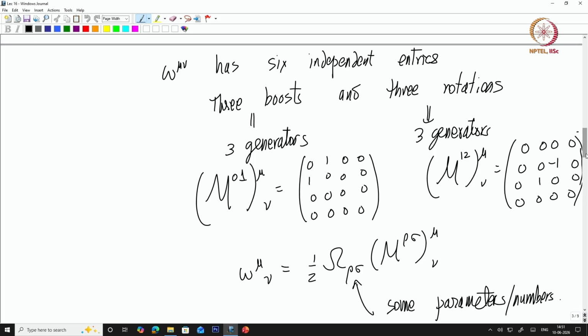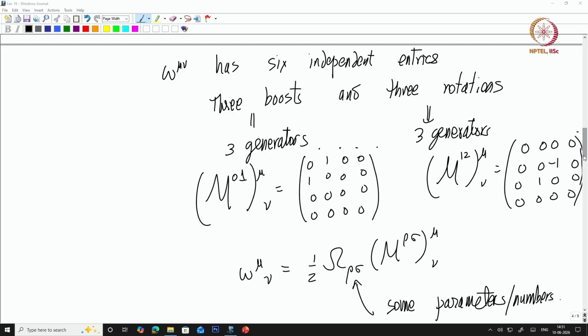These are the generators of the boost, because my notation is t, x, y, z, so it gives me x t, y t and z t, and then there are the rotations within x y, y z and z x.